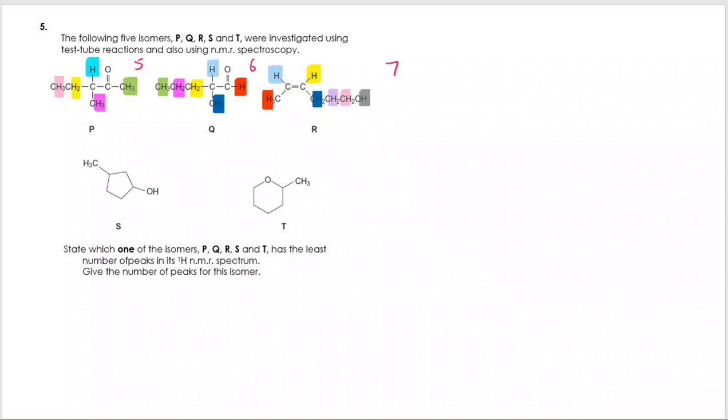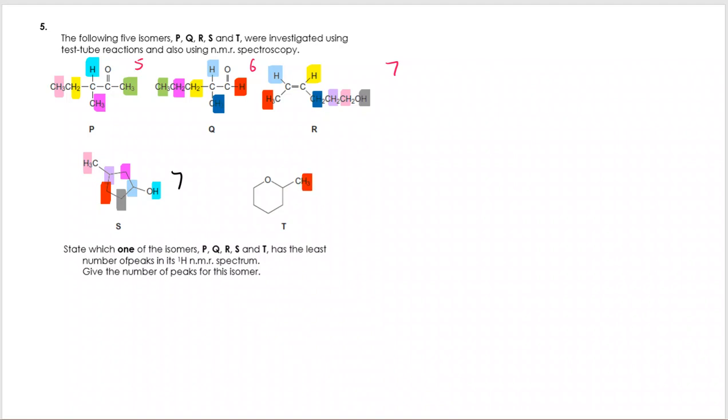If I go on to the other side, I have got my CH3 and my OH. Now there's no symmetry here, so I am going to have an H coming off each of the 5 components. So I'm going to put those in, and you can see that I've got 1, 2, 3, 4, 5, 6, 7 once again.